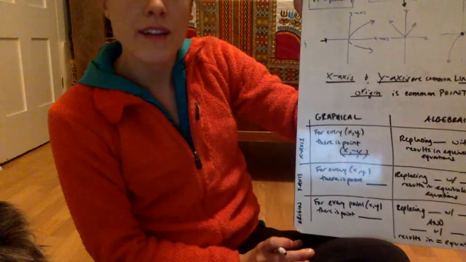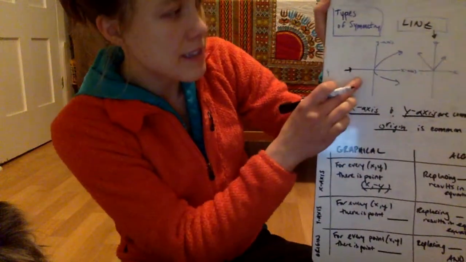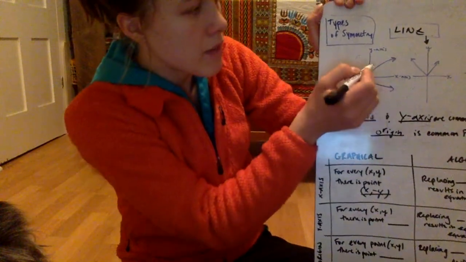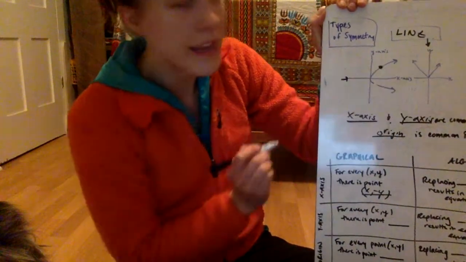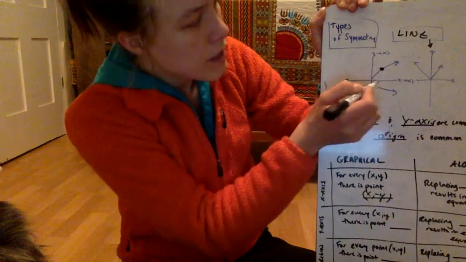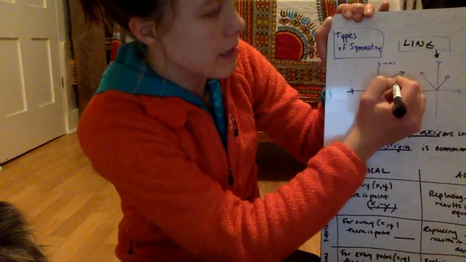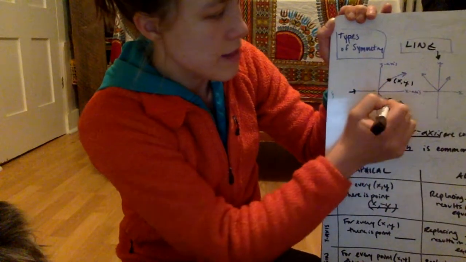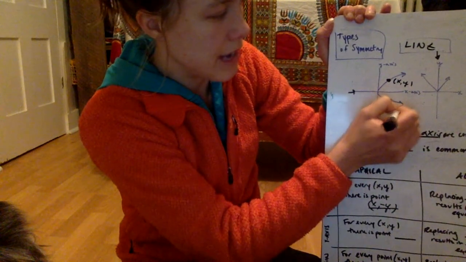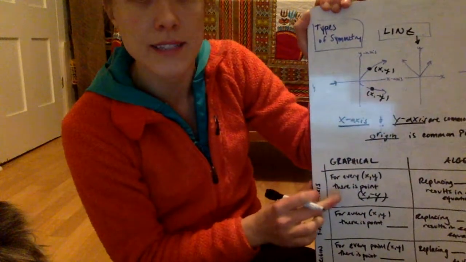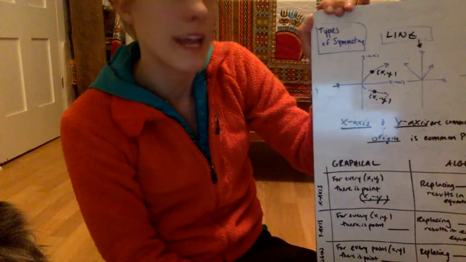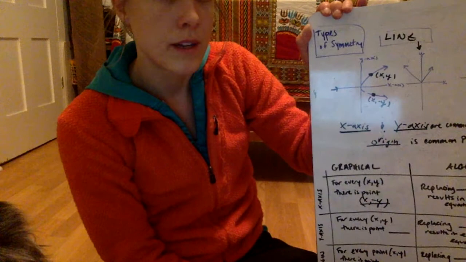And we kind of figured that out already on our x-axis symmetry graph. So if I'm looking at this point x, y here, for the same x here, I'm going to have a negative y. So this point here is x, y, this point here is x, negative y. My x value stays the same, but my y value is negative on that graph below.